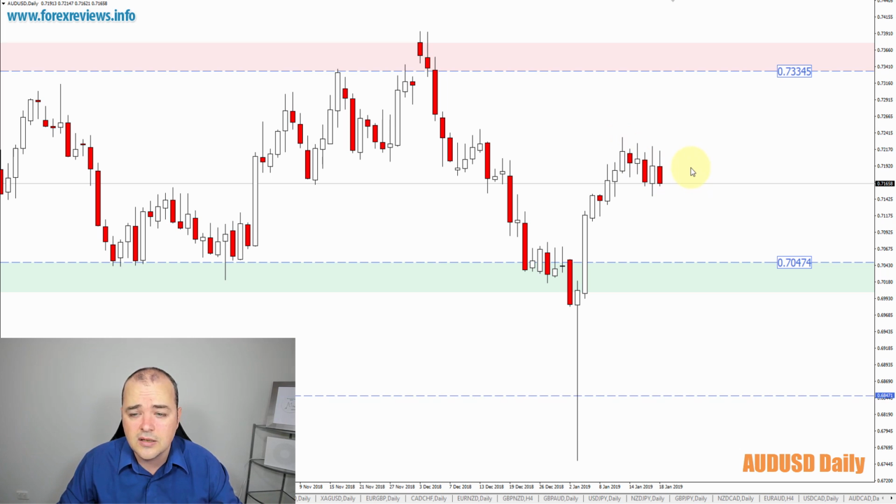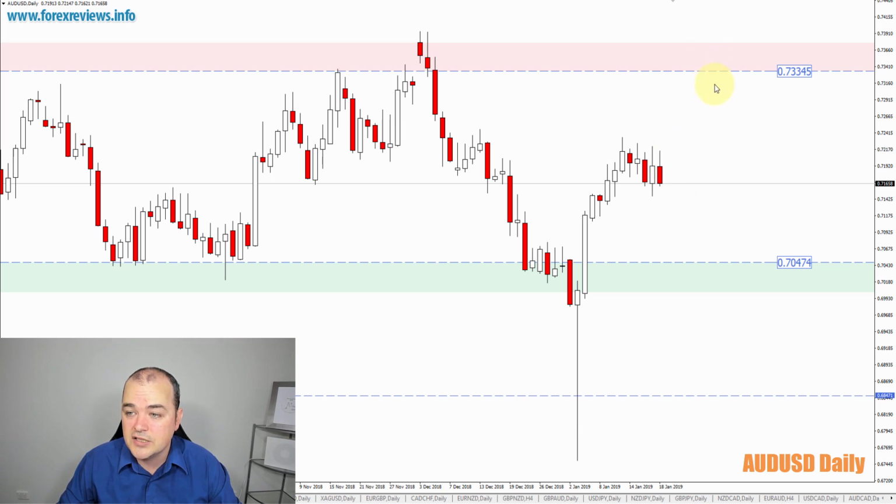This is suggesting that the bears may be taking control in this area, which is no surprise to a certain extent because you've got this previous low area looking left back here. So, in other words, the bears are trying to push price to the downside. The price may pull back this week.